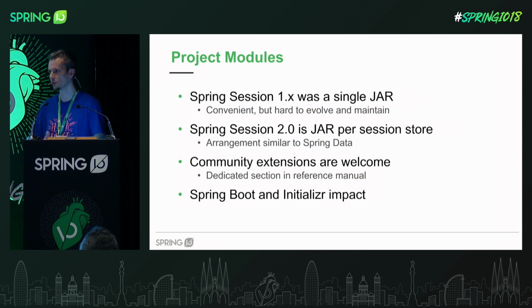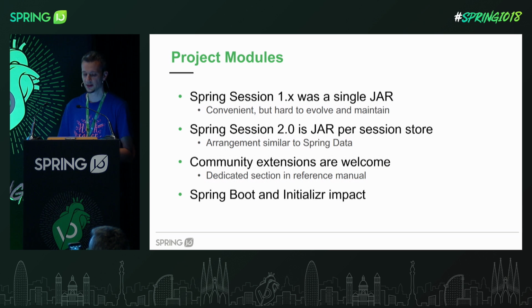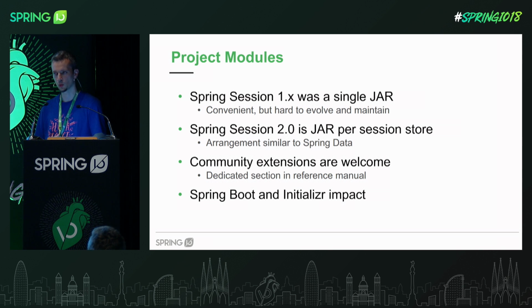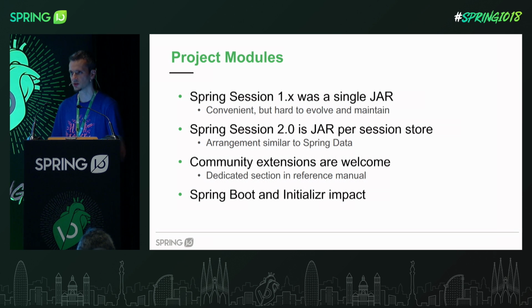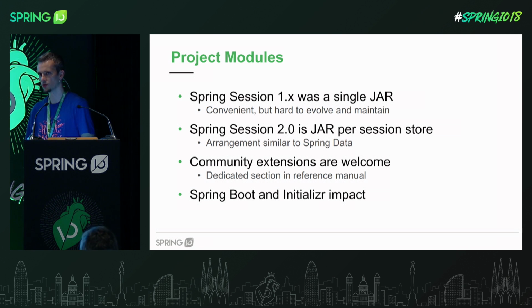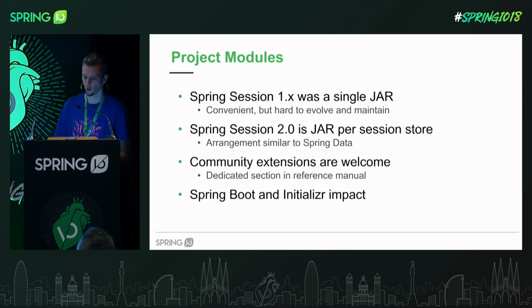Going forward and evolving the project was challenging in such arrangement because, well, with all the session repository implementations in single jar, that puts a strain on maintainers to know in and outs of every data store, which isn't an easy task to do. We are generally, as developers, most of us are focused on specific data stores. We don't know in and outs of all of them.